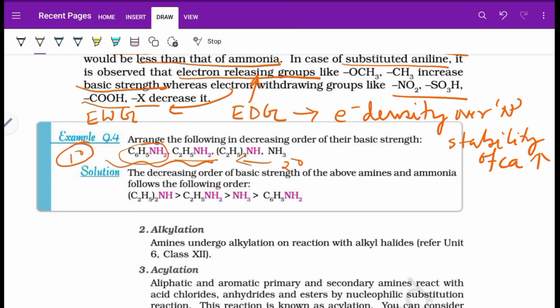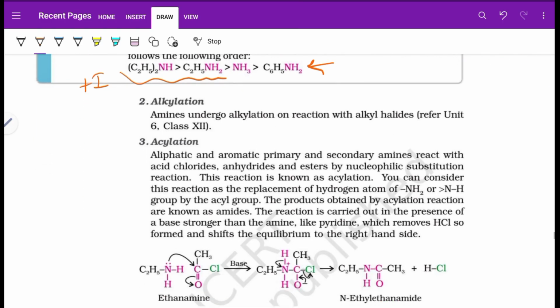So here we can see that aromatic amines have the minimum basic strength because of the less availability of the lone pair or electron density over the nitrogen atom, and here the inductive effect is more powerful, hence it increases the electron density over the nitrogen atom. Nothing is said about the medium, so you can assume it in general based on the inductive effect.